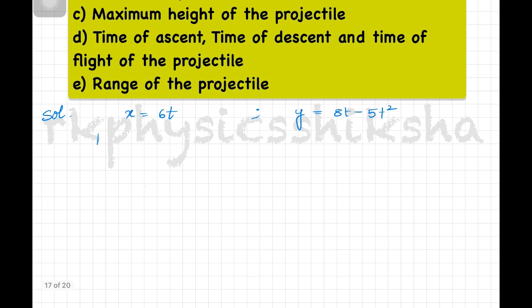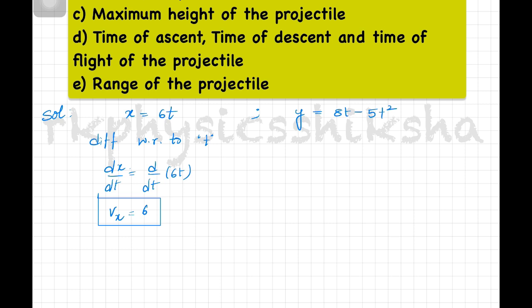Now differentiating this with respect to time t, what I get is dx by dt is equal to d by dt of 6t, where d by dt of t is 1, so that means it will become 6. That means the velocity along the x-axis is constant, which is equal to 6 meter per second.